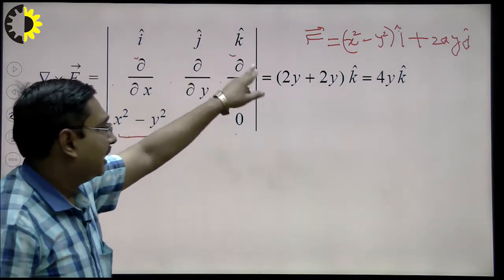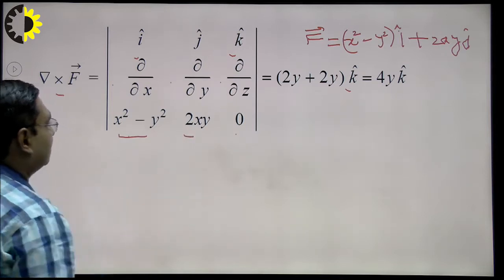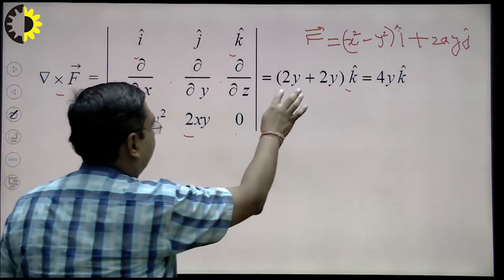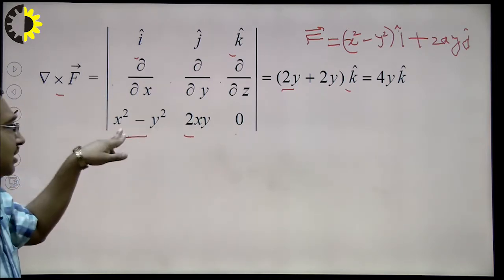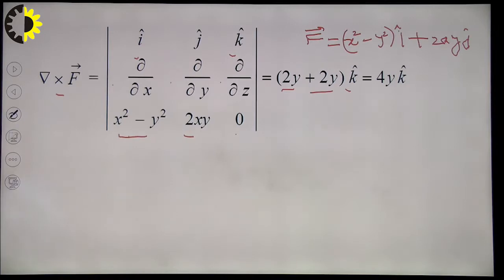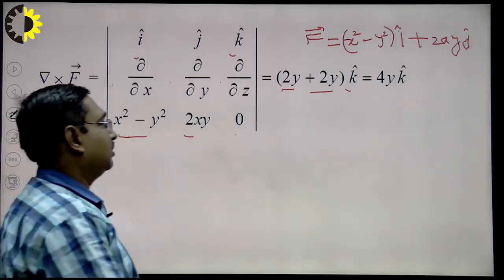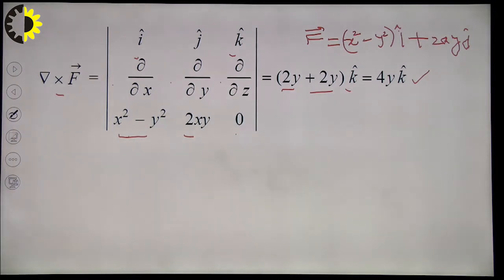Third term k cap will be written, del over del x of 2xy will be 2y here, minus del over del y of this term. So, minus of minus 2y will give plus 2y, and the value of del cross f is 4y k cap.